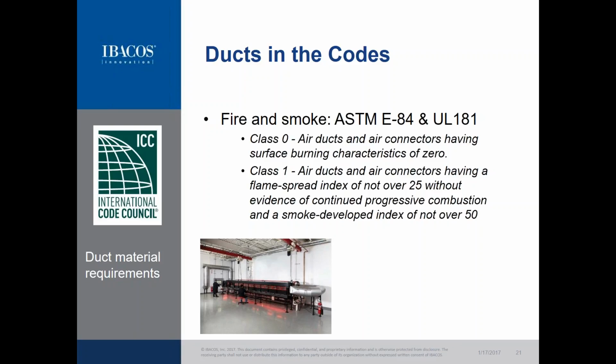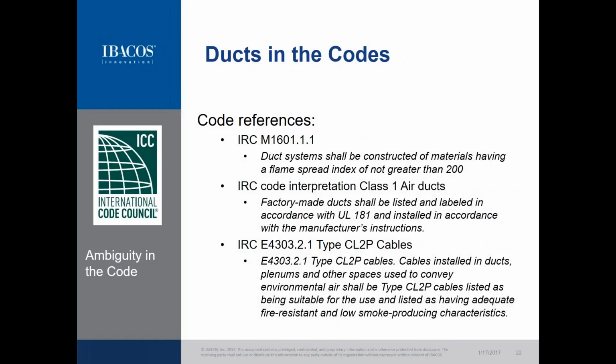So, based on that fundamental requirement of the code to protect the life of the occupants, there are some very specific characteristics that all ductwork requires. Now, when we start to look more closely in the code for other references, particularly around the use of plastic materials, there starts to be a little bit of ambiguity in the different code references.